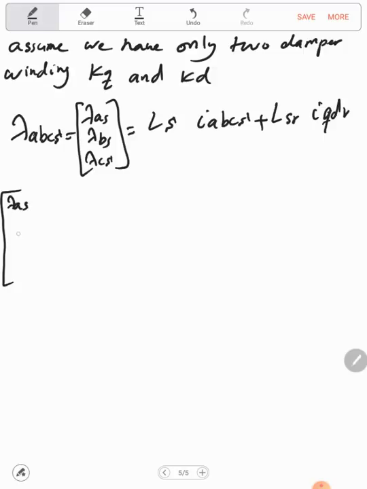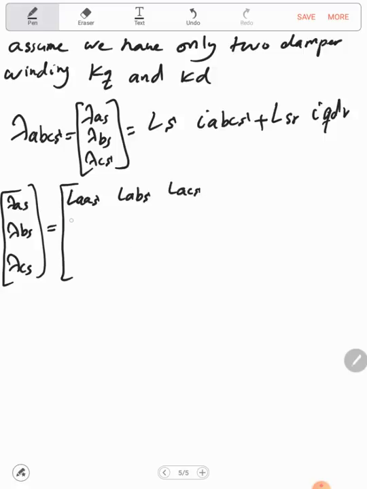So this can be written as lambda AS, lambda BS, lambda CS, and now LS is LAAS, LABS, LACS, LBAS, LBBS, and here we have the LBCS.